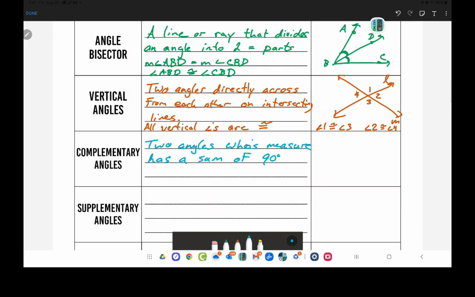So two angles that add up to 90 degrees would be complementary. They do not have to be adjacent, but they can be.